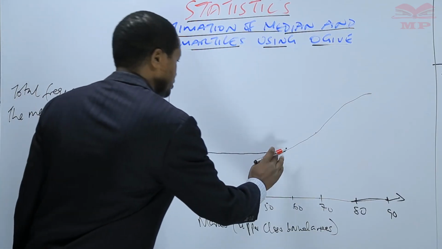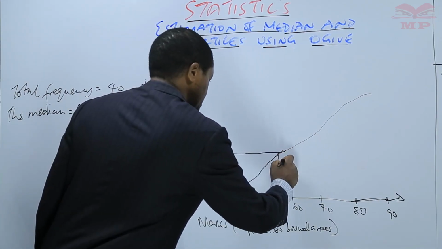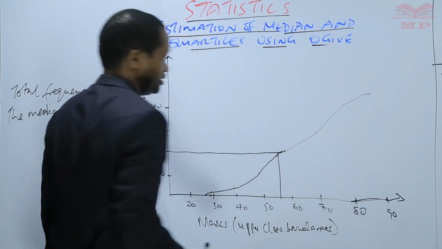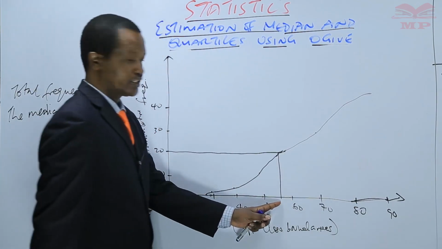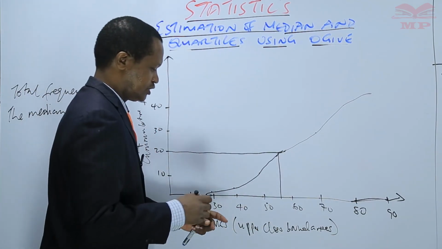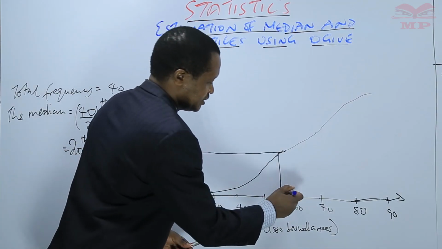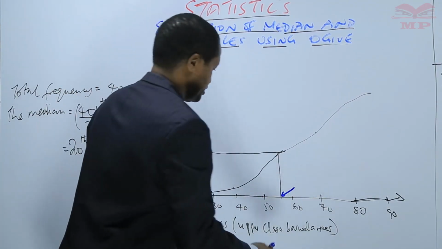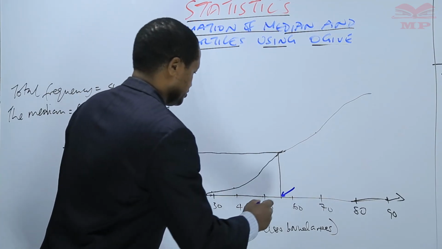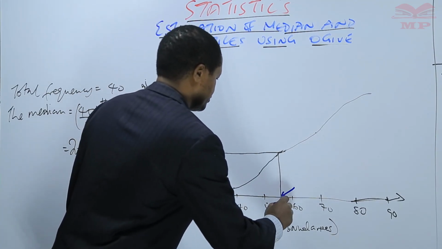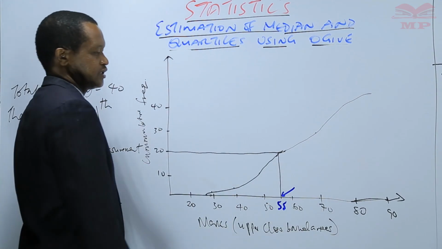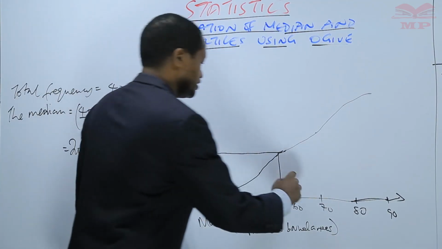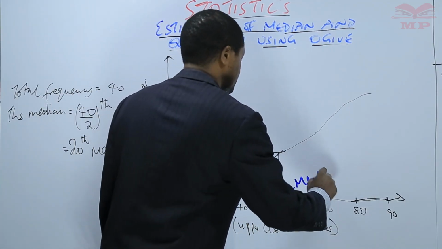Then we drop a vertical line up to the horizontal axis. So this point is the median. This is around 55.